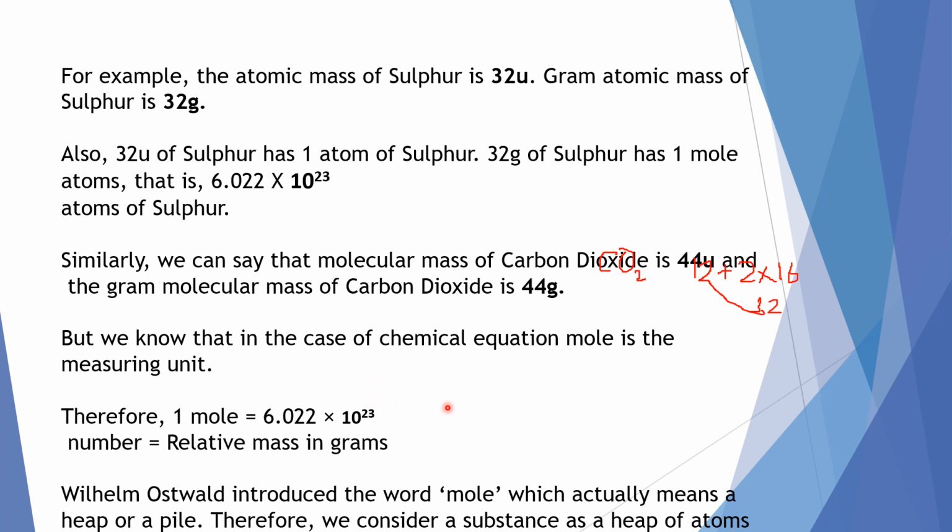For oxygen or carbon or anything, 1 mole means this number. That is the relative mass in grams. William Ostwald introduced the word mole, which actually means a heap or a pile. Therefore, we consider a substance as a heap of atoms or molecules.